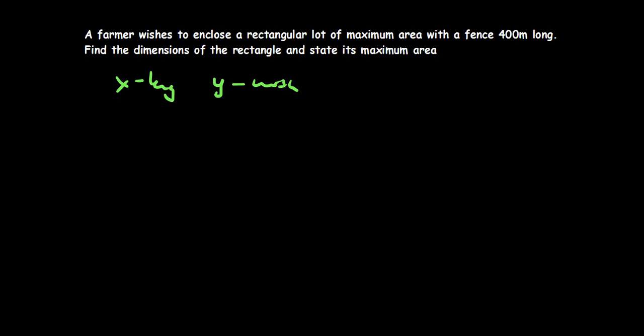Since a rectangle is of this form, I have x there and x there, and my y for the width on the other sides. So I have two of these x's, which will be 2x, and two of these y's, which will be 2y, and we add, since we're dealing with perimeter, the total distance around that shape.